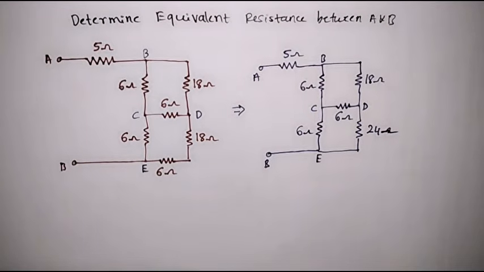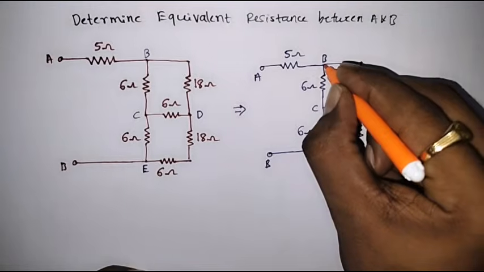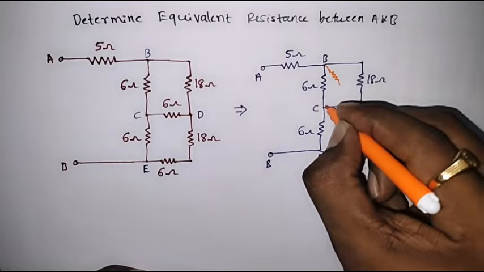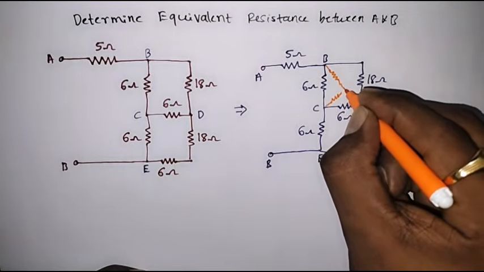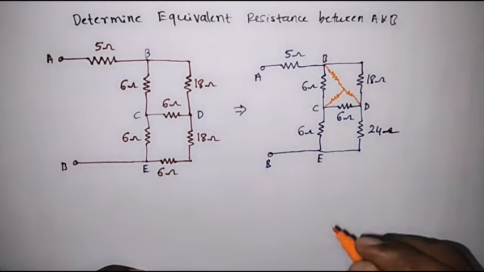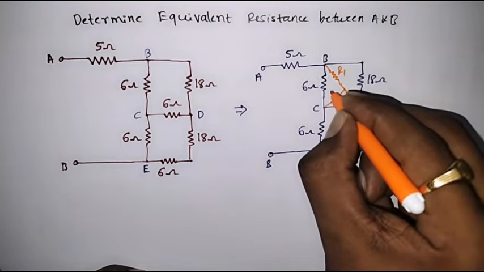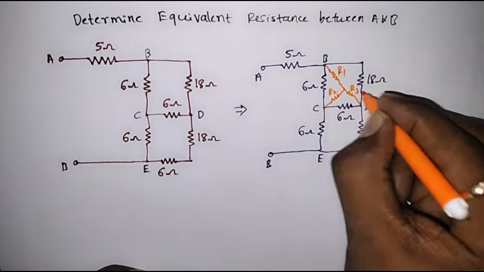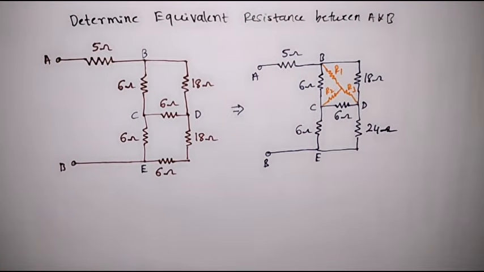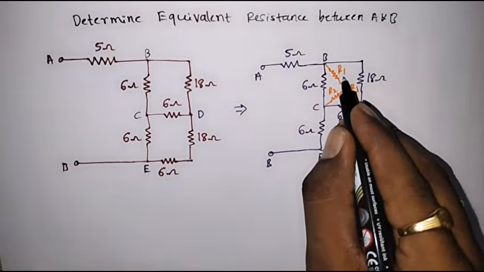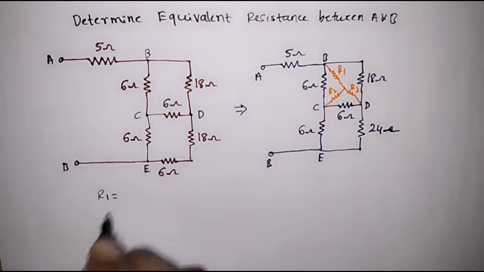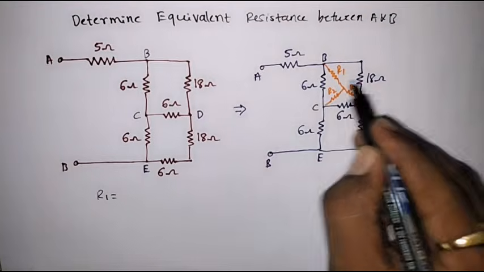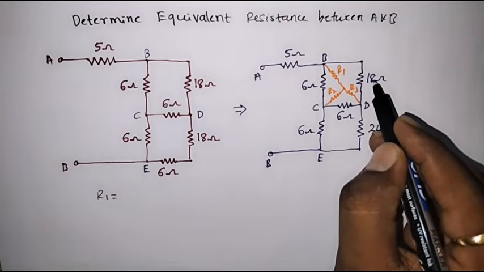If I convert this delta into star, the equivalent star network may look like this. Let this be resistor R1, this be R2 and this is R3. Now we'll find the values of R1, R2 and R3. So we know that R1 is equal to the product of the two adjacent resistors divided by the sum of these three.